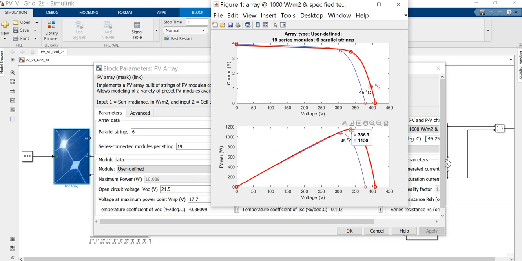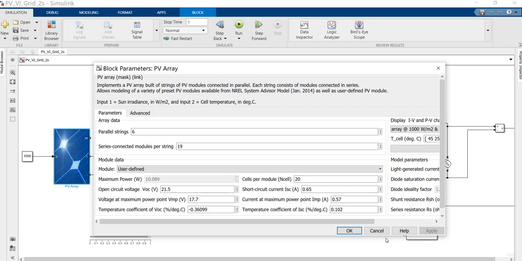The voltage is 336.3 volts with a current of 3.42 amps. This is the maximum power point.